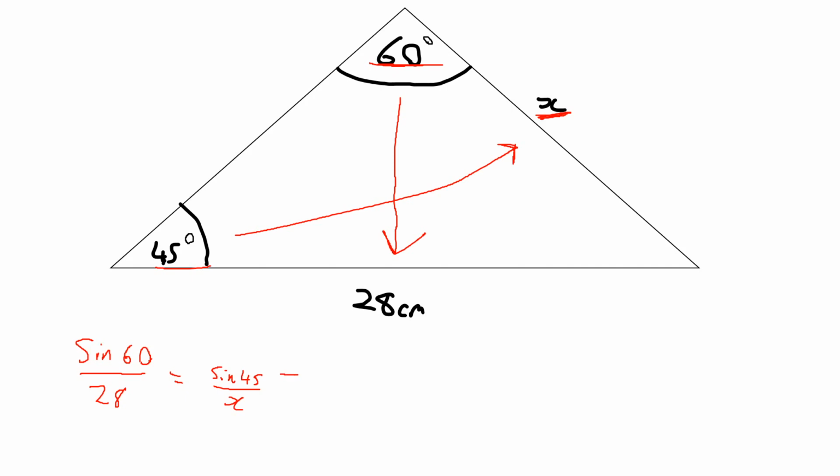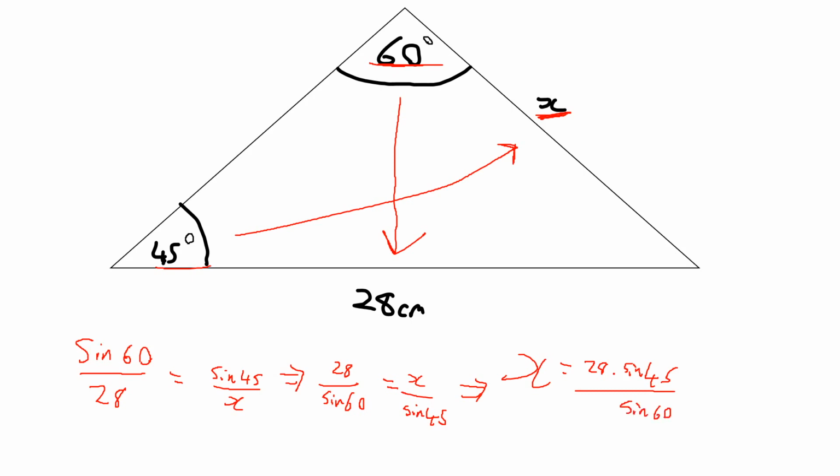If we flip everything over, we get 28 over sine 60 is equal to x over sine 45. And so therefore x is equal to 28 times sine 45 all divided by sine 60.